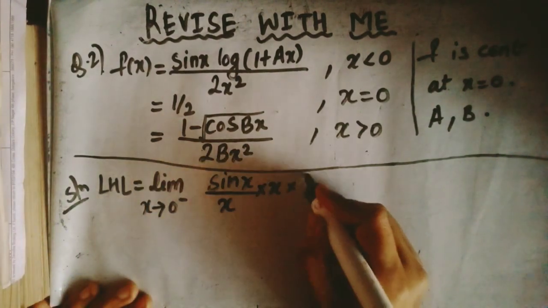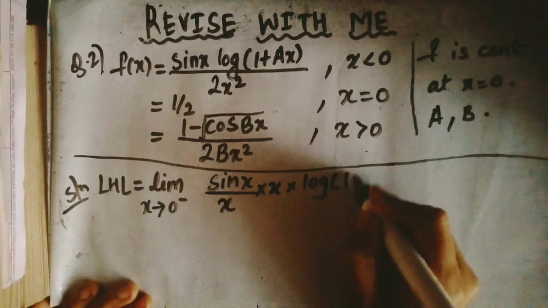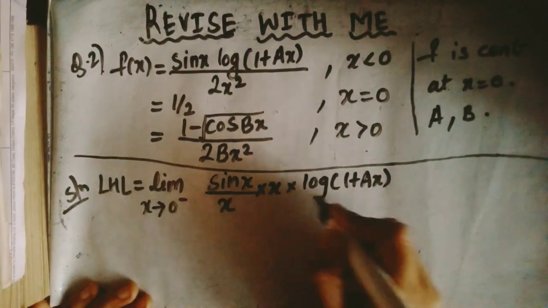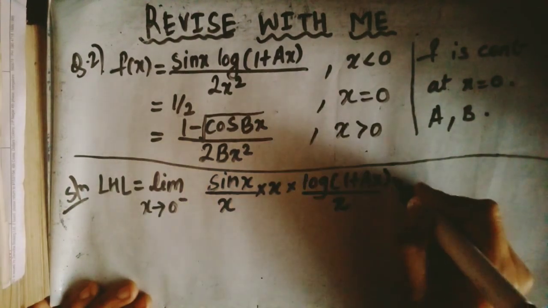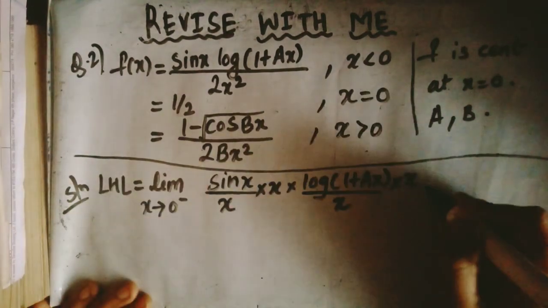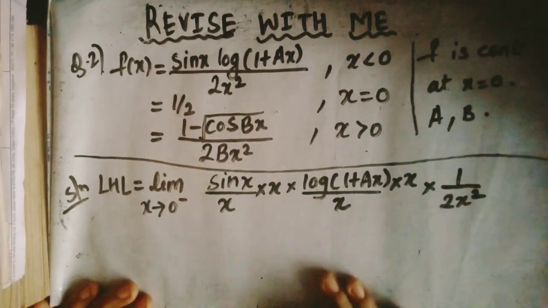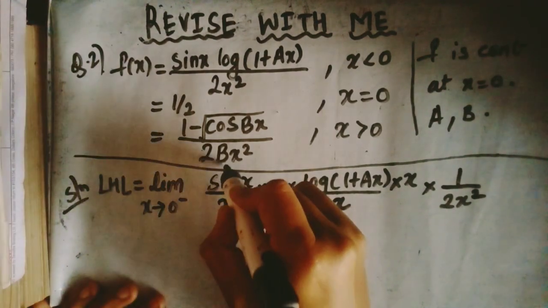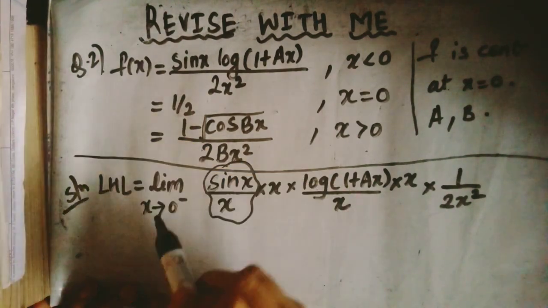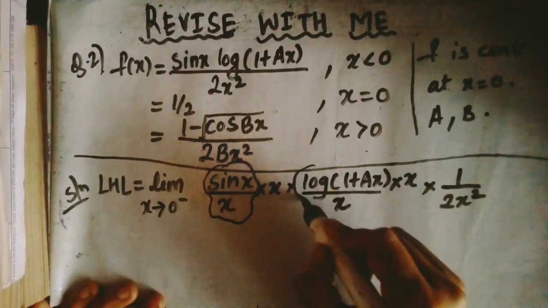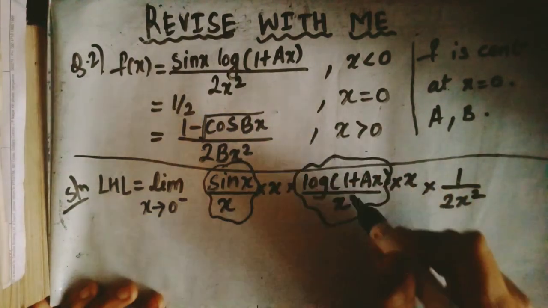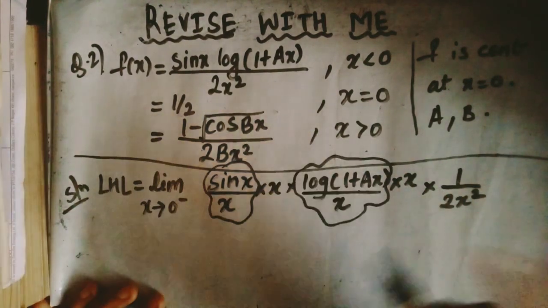Okay, now for log 1 plus ax, again I need x into x. Okay, and then we have 1 upon 2x square. Okay, now this term becomes 1 when x tends to 0. This term becomes log e raised to a.